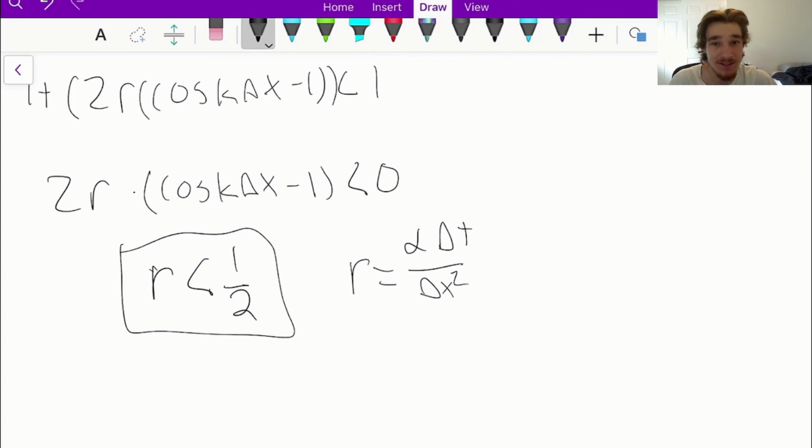If it's greater than 1/2, then the stability of it is inaccurate completely. It is not stable at all. So in just a moment, I will be showing you a method to solve this using the Crank-Nicolson method, as well as we will be coding that out for a more stable solution for any value of r.